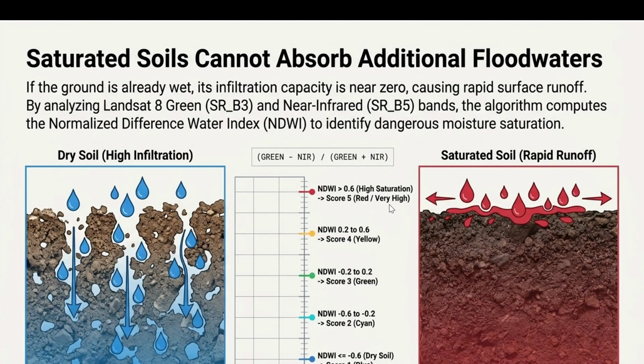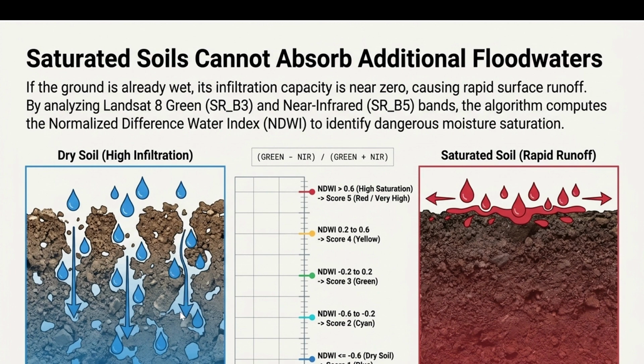You can see if the NDWI value is 0.6, it's very high saturation, so it's very high risk. And if NDWI is, suppose, negative 0.6, it's mainly dry soil, where water is easily absorbed and infiltrates into the ground, and flood does not happen. If the NDWI value is less than or equal to negative 0.6, it indicates dry soil with high infiltration.